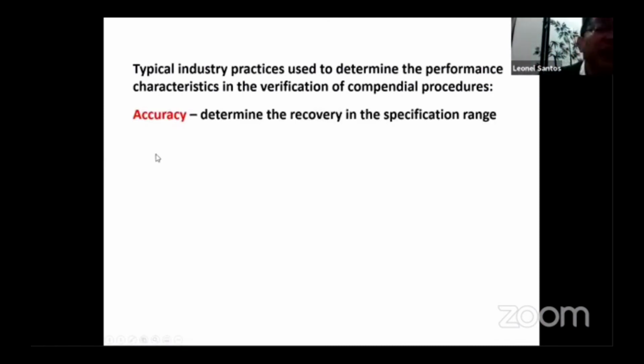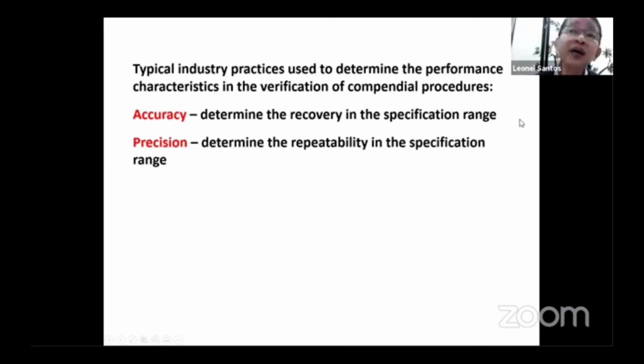In terms of how the industry defines what they do when we say precision or accuracy: when they say accuracy in a verification mode, they determine the recovery at the specification range, meaning they need to know what the specification range is. I mentioned to you the definition of specification range earlier.